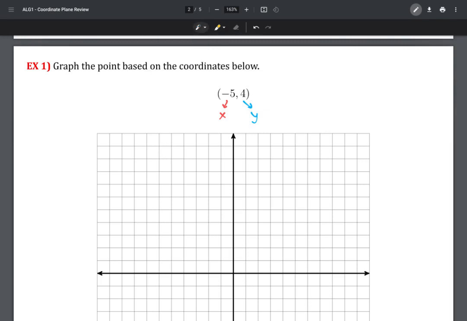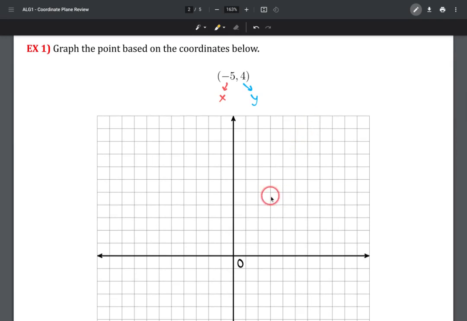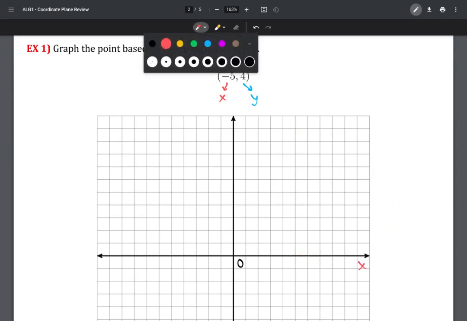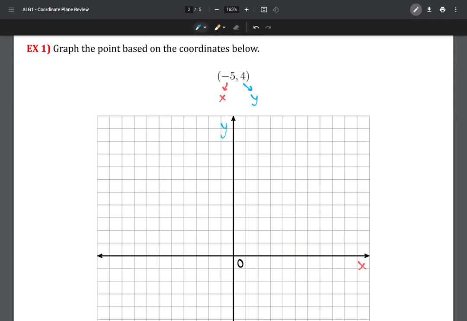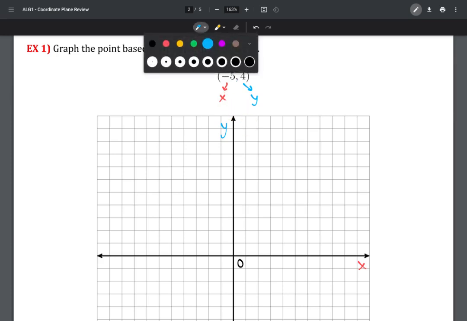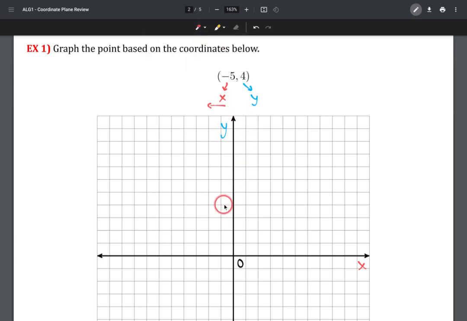Okay, so when I begin counting, again, I know that I'm going to be starting at the origin, 0, for both the x-axis and the y-axis. Let's take a moment to quickly label our x-axis so that we know which one it is. It's the horizontal one, and the y-axis, the vertical one. Okay, so now I can actually start moving along the coordinate plane. I normally always start with the x-axis first, and this time I have a -5, which tells me I'm going to need to move to the left 5 units.